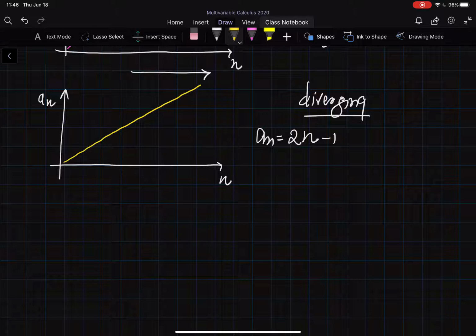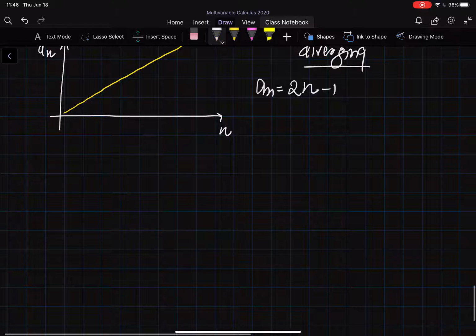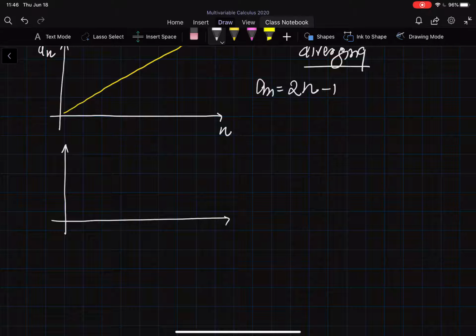So it's always going to increase, so it never converges to anything. But you might have more interesting cases as well. Let's do this: a_n, for example, is given as minus 1 to the power of n.